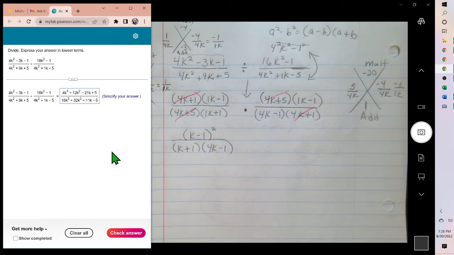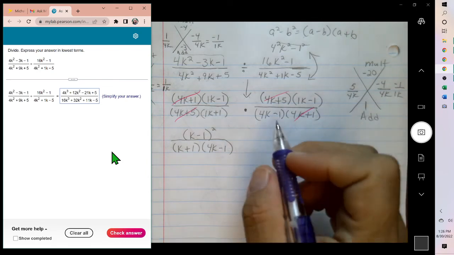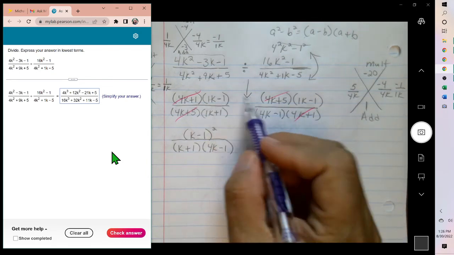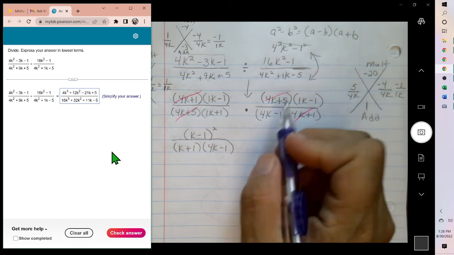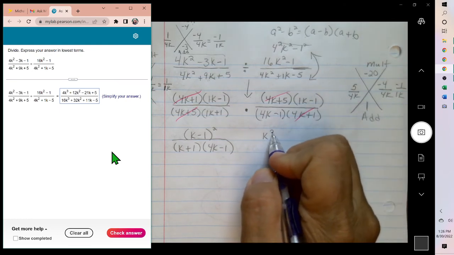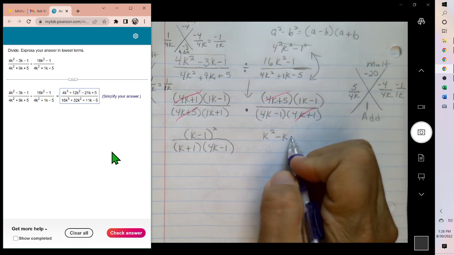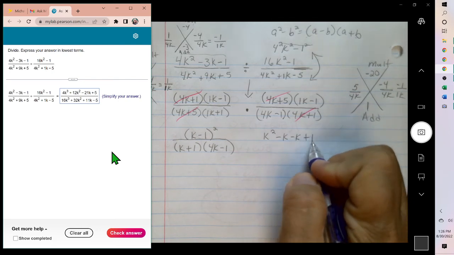If they want it all multiplied out, then you'd need to FOIL it. If we FOIL k minus 1 and k minus 1, we get k squared minus 2k plus 1.